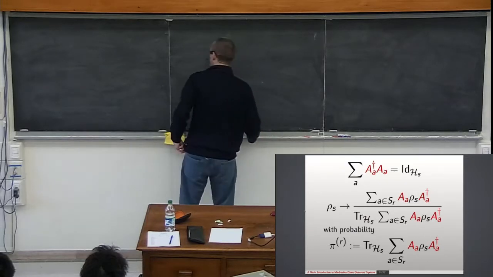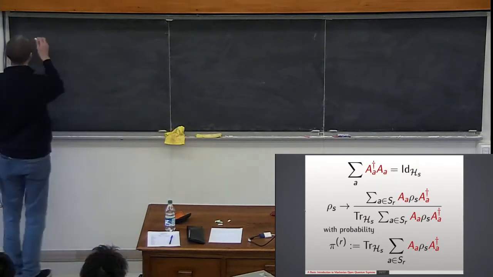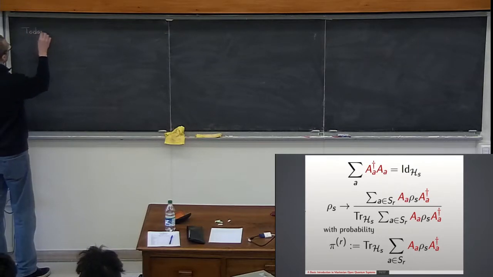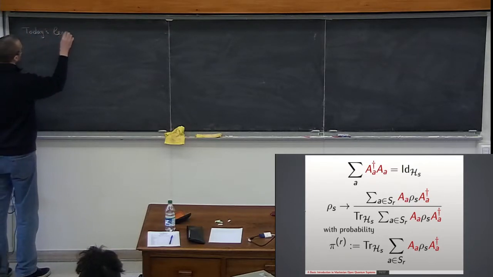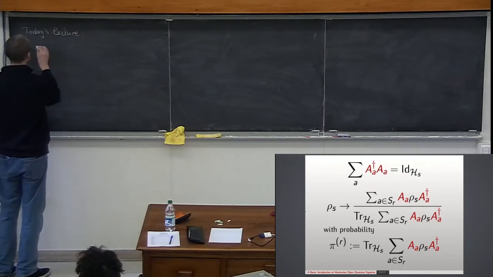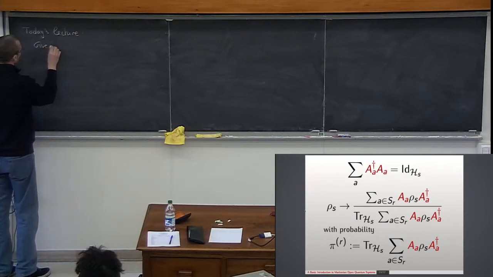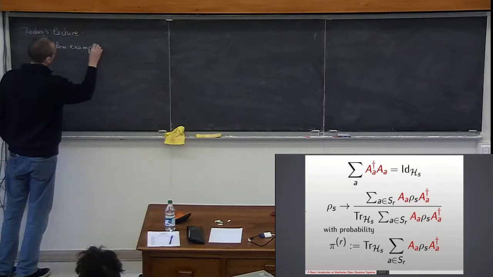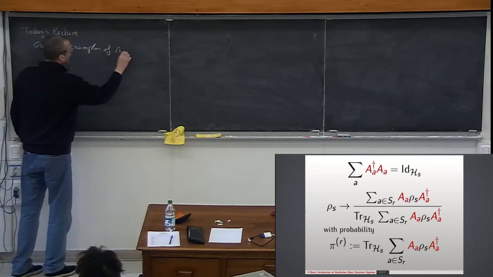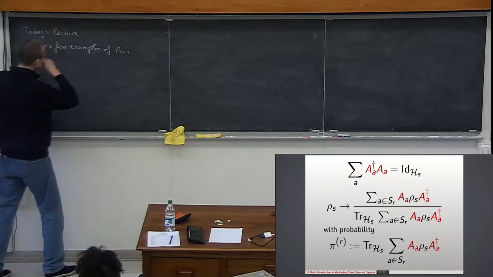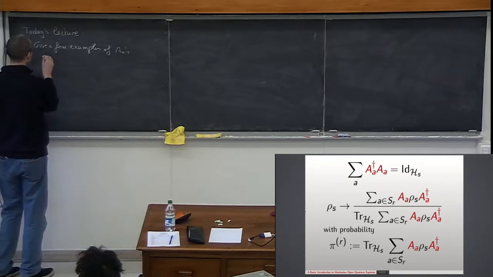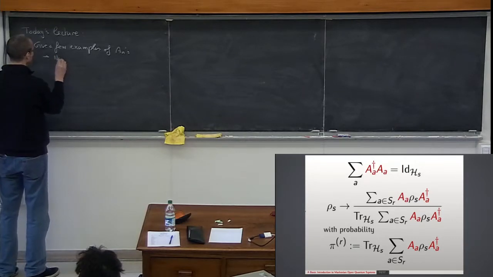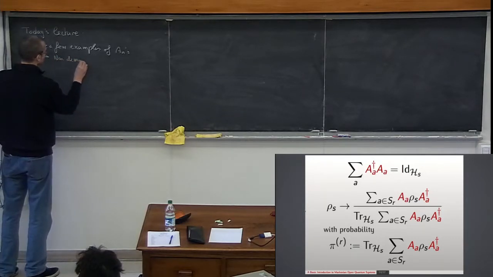So today I would like to do two different things. So the aim of today's lecture is to give a few examples of families of AAs, and in particular we shall go to these so-called non-demolition measurements.